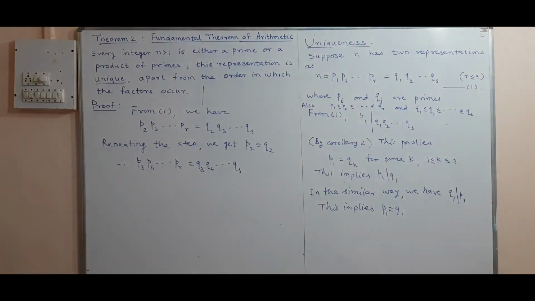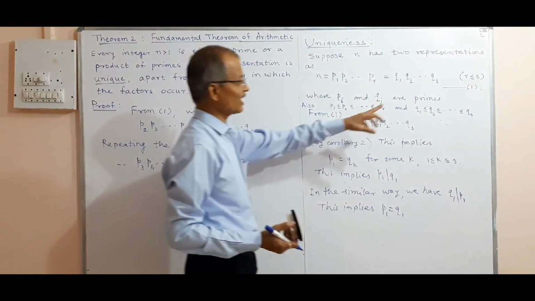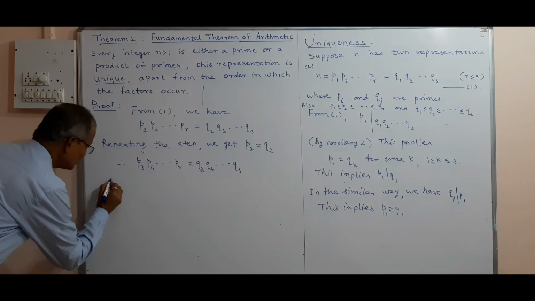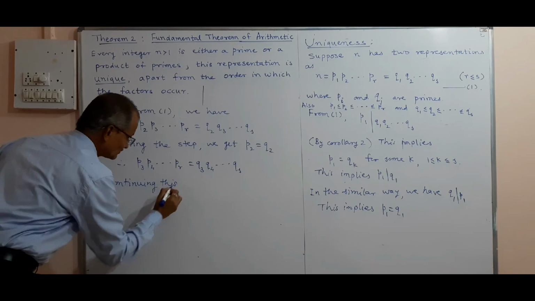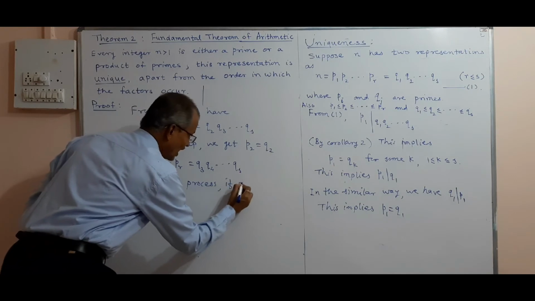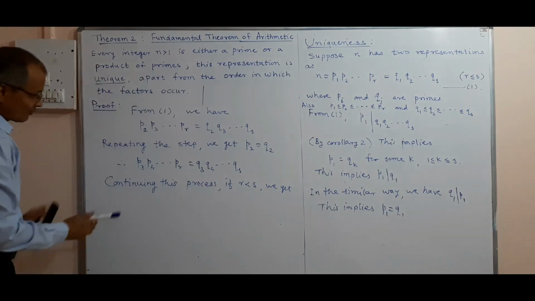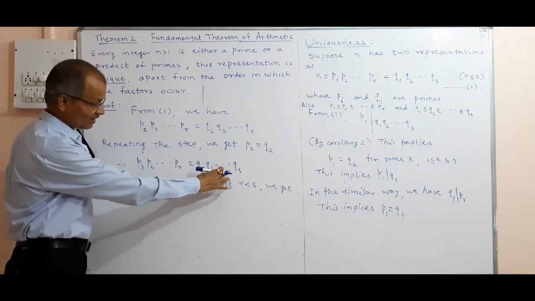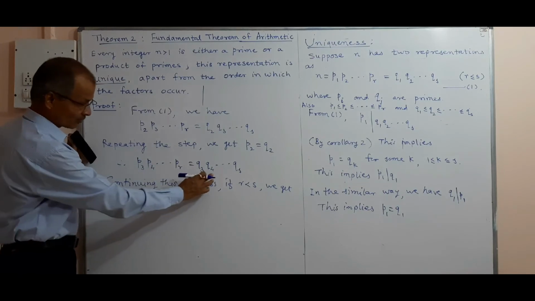So we continue like this, and we have assumed R is less than or equal to S. If R is less than S, then continuing this process, these R factors on the left side will be cancelled with R factors on the right side, because each corresponding factor is equal: P3 is equal to Q3, P4 is equal to Q4 and so on.